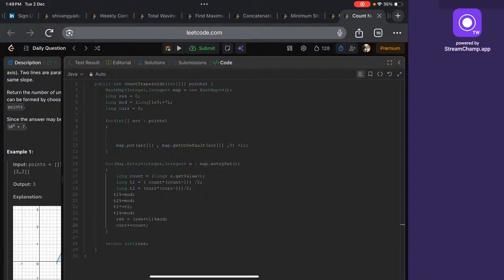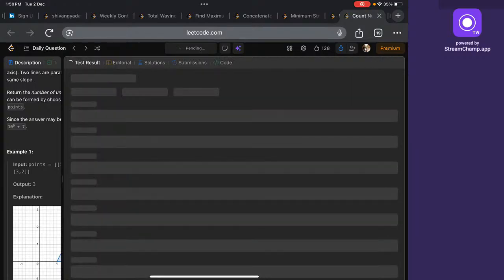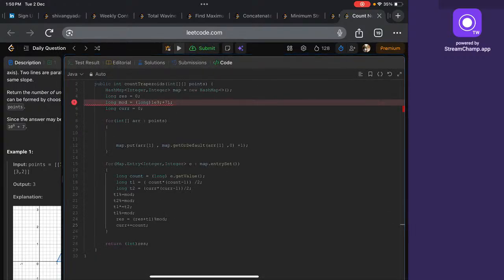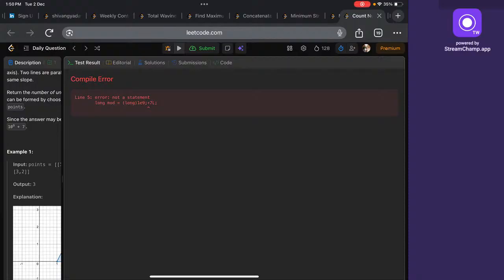Okay, let me beautify it, spacing. T1 mod current count. Okay, current plus equal count result. Yeah, we did. This will be integer, so integer counts. Why 1e9?